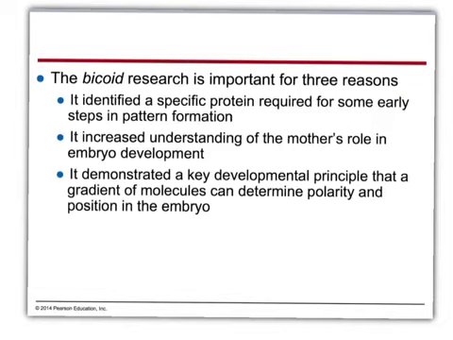Right, the fact that mom developing the egg is going to influence what happens in the embryo during development, even before fertilization. There's already some type of pattern established. All right? And then finally, there was the gradient principle, a gradient of molecules that can determine polarity and position in the embryo.